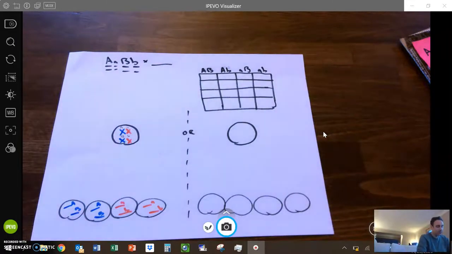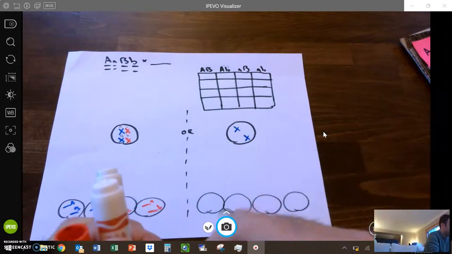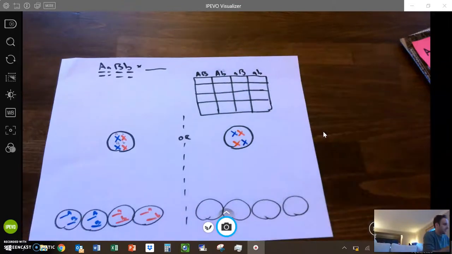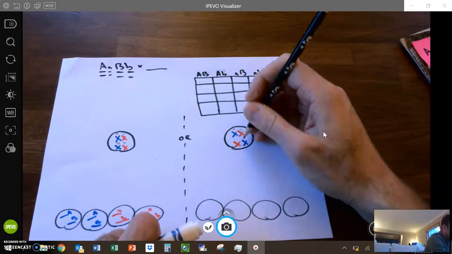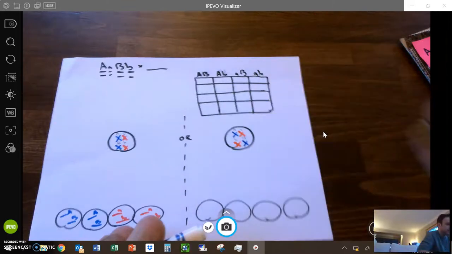However, they might also line up a different way. They may line up like this. And so now your big A, little a, is like that, but now the big B is over here, and this is the little b.